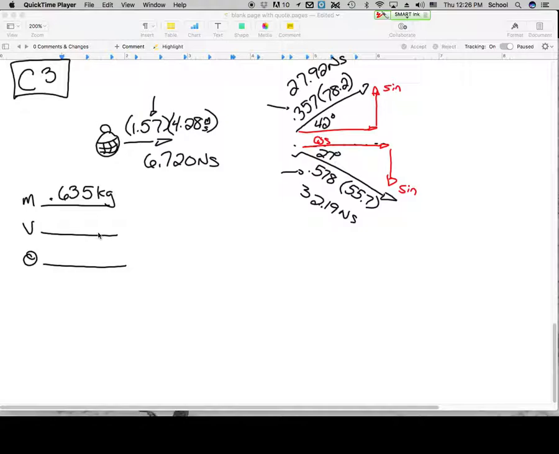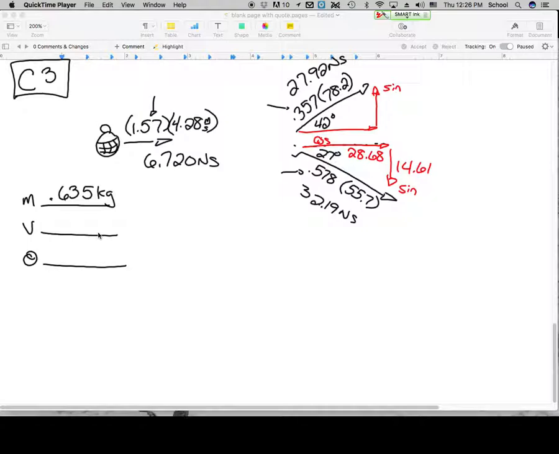So if I take the cosine of 27 times 32.19, that gives me 28.68. And if I do sine, I'm going to get 14.61.